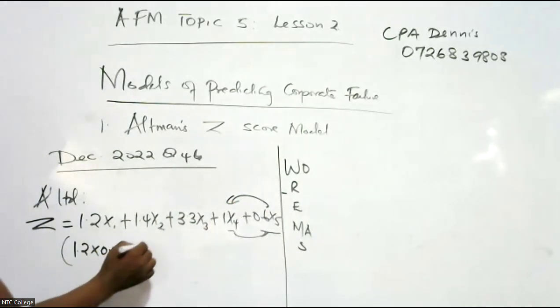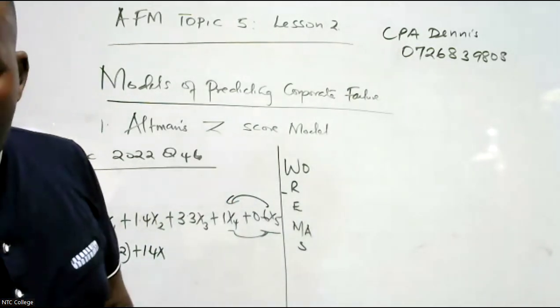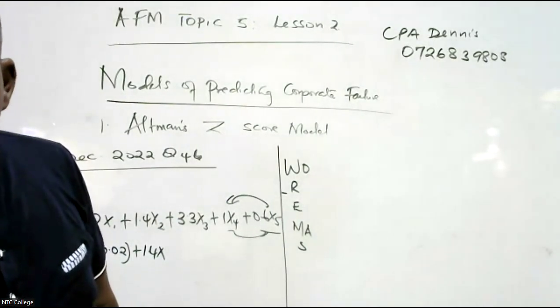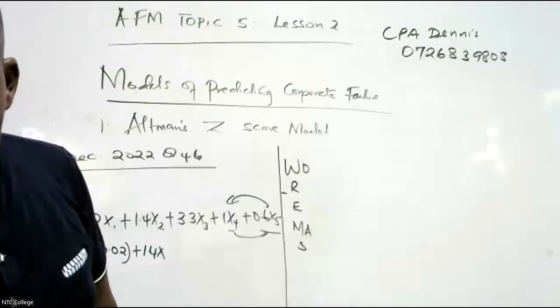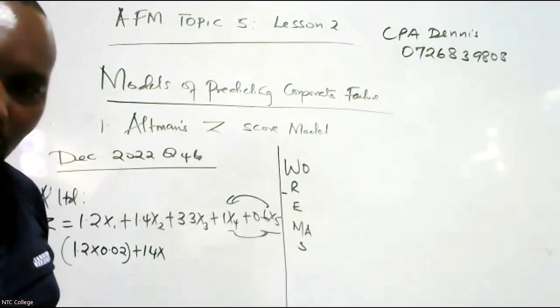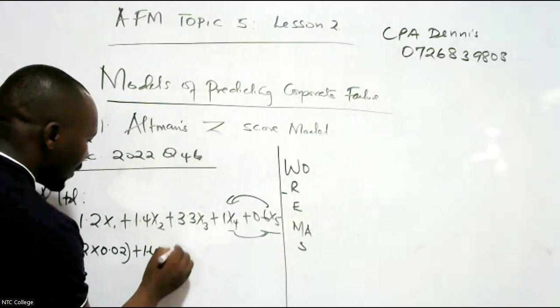So our number 2 is 1.4 times retained earnings. How much is retained earnings, over total assets? Retained earnings is 60,000 over 200. I hope I got it right now. 60,000 over 200. Clear? So we have 60 divided by 200, 0.3. So we have 1.4 times 0.3.